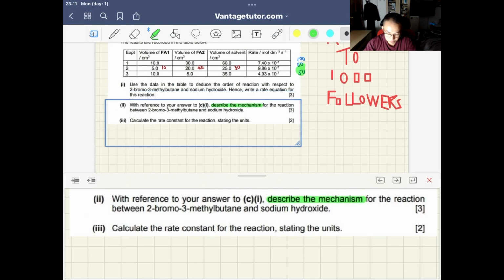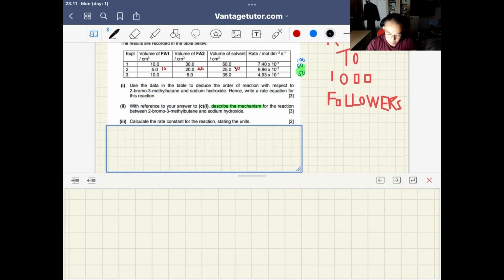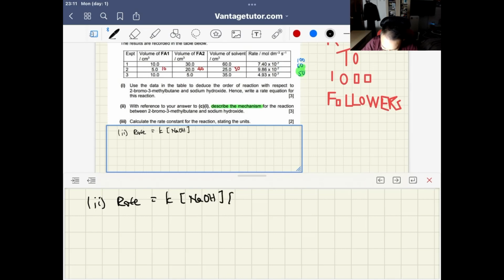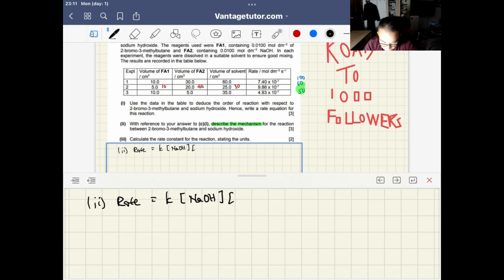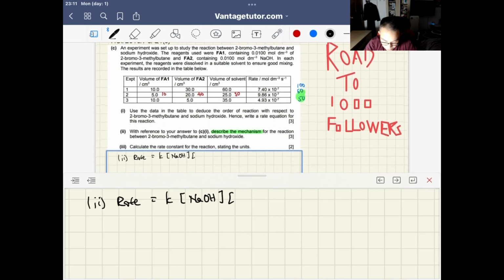In this case, given that we already established in part 1 that your rate equation equals K [NaOH] [compound], what's your compound again? 2-bromo-3-methylbutane.